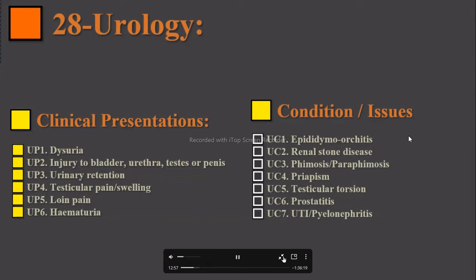Renal stone, what is the investigation of choice? CT KUB. CT KUB with contrast or without? Without contrast.